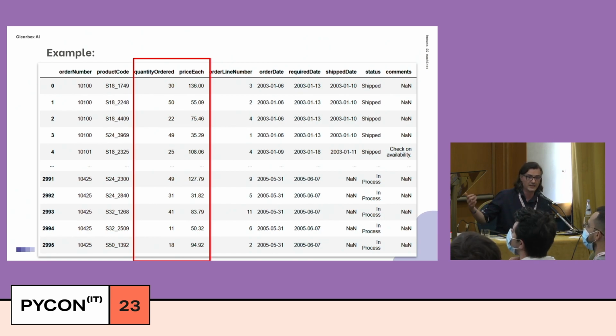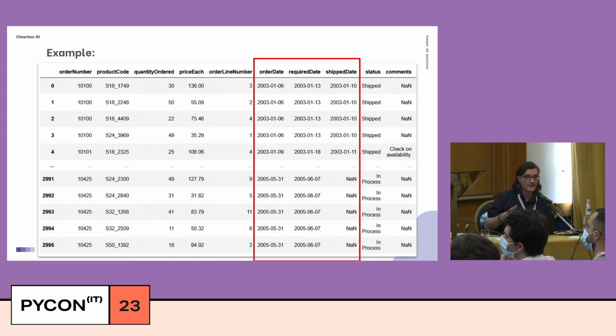If a product is very expensive, it could be very unrealistic if it's bought in large quantities, for example. Or if we look at the date columns, we might immediately see that an order date should always be before a shipment date or a required date. These are some rules that, by looking at the table, we understand and we want to implement programmatically.